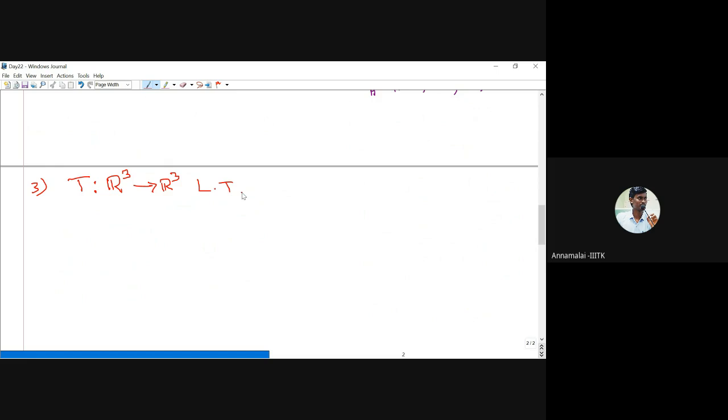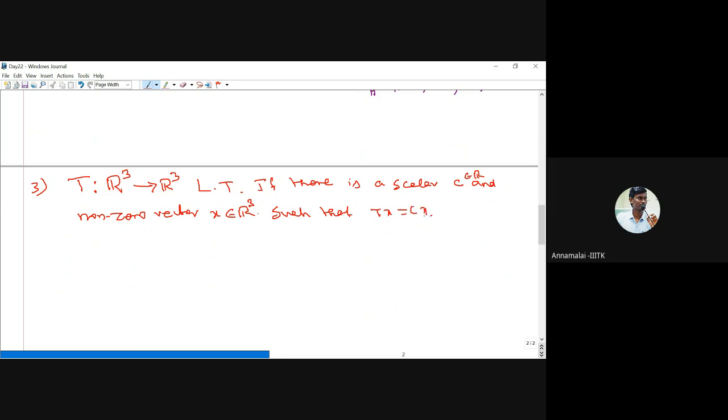Now suppose there is a non-zero scalar c in R and a non-zero vector x in R3 such that T times x equals c times x.